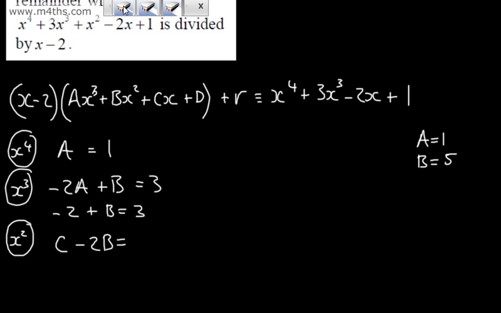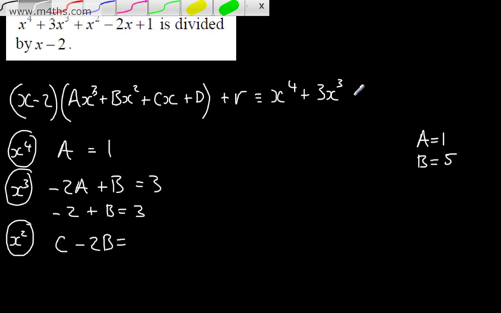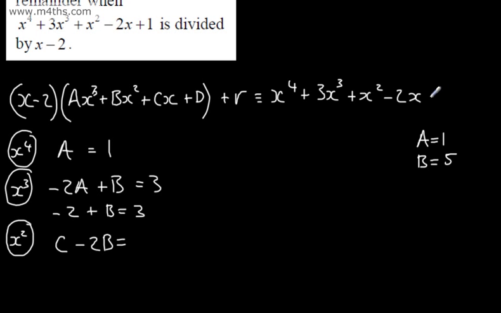Let's go ahead and put that in, that's quite important. Again, you can see that this is not fraught with danger, but it's easy to miss terms out. So plus x squared minus 2x plus 1. This is going to be equal to 1. That's the term in x squared, so I write that this is 1.